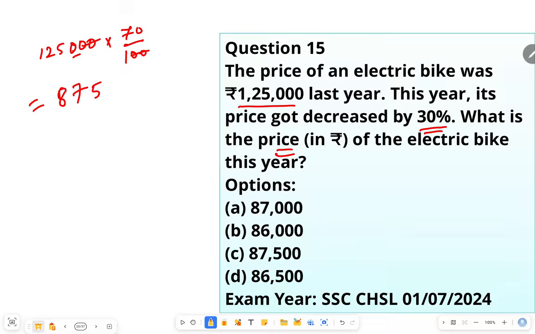And then the 2 0, this much. The decreased price will be your answer, and that is in option number C. You understood this much? Okay, right.